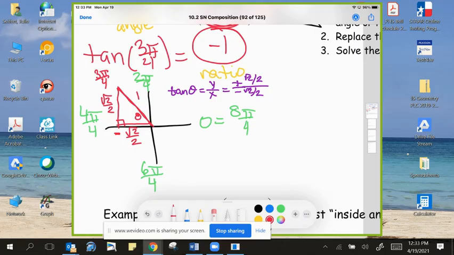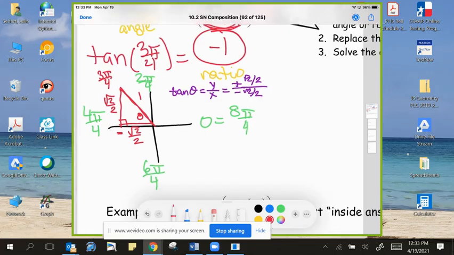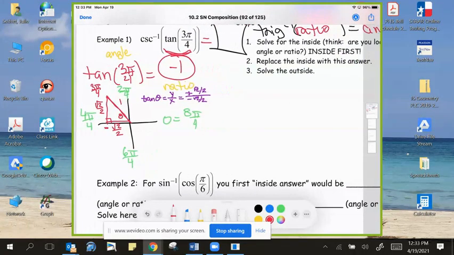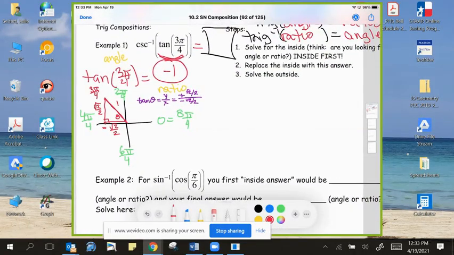Now, we're not done yet. We found tangent of 3 pi over 4. The question wanted cosecant inverse of tangent of 3 pi over 4. Now that we've got that inner part of negative 1, we can find the rest of this.